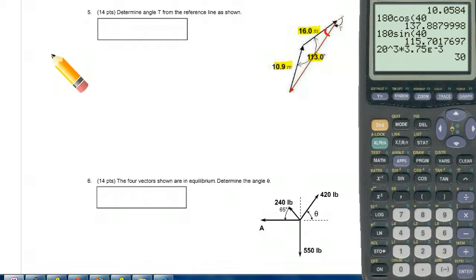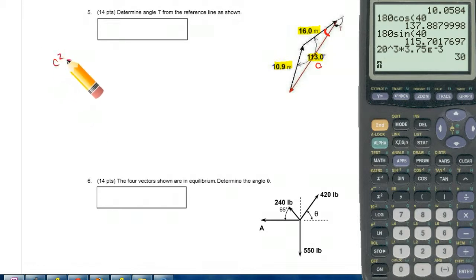So we're going to have to use law of cosines first. Law of cosines has information about three sides and one angle, so I'm going to use this as my C, and my other two sides and my included angle to get that line C there.